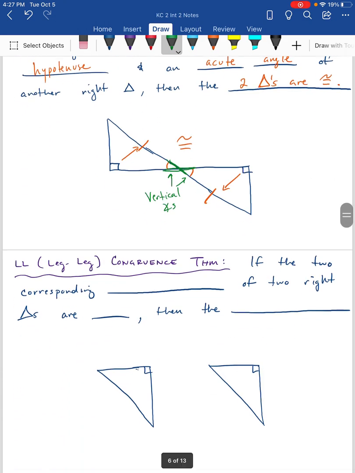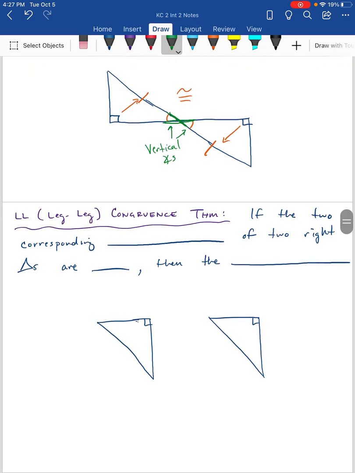All right, next one is the leg-leg congruence theorem. Here, it states that if the two corresponding shorter legs of two right triangles are congruent, then the two triangles are congruent. Okay, what I mean, essentially a triangle has three different sides, right? We usually say that they're legs.